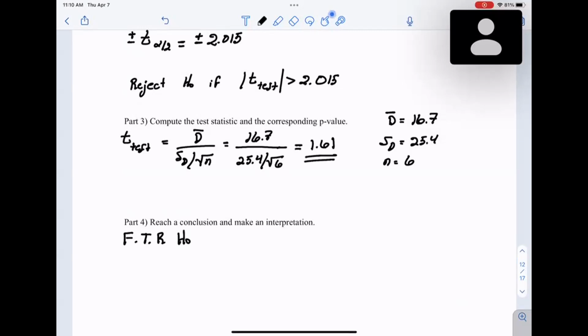The absolute value of that is again 1.61, and that is not greater than 2.015.